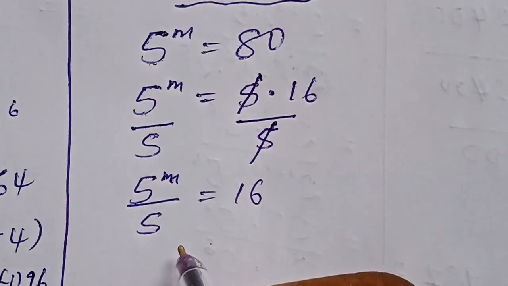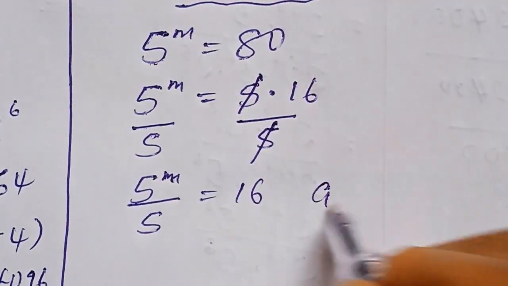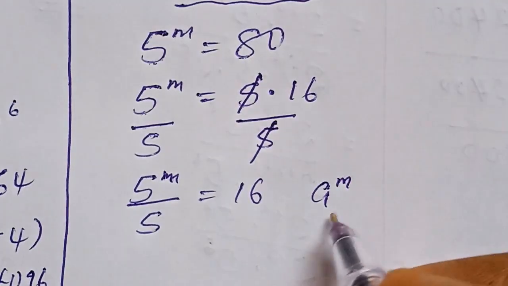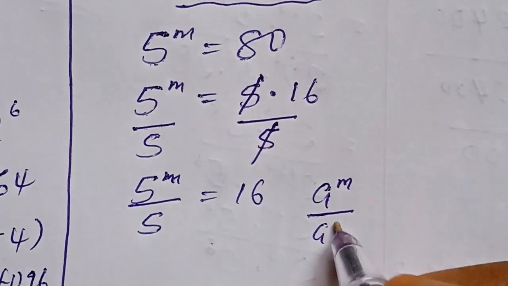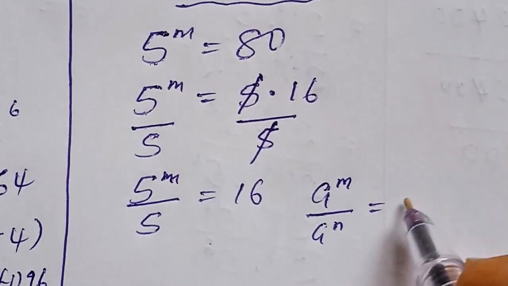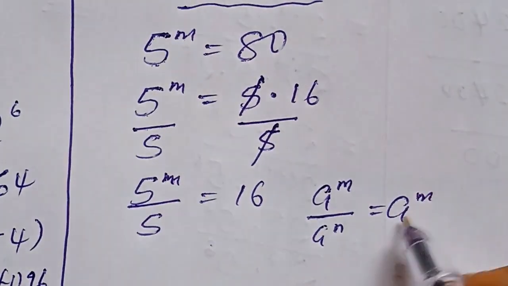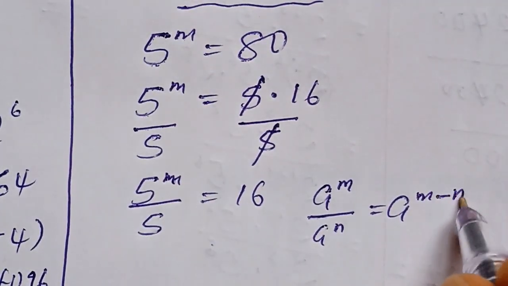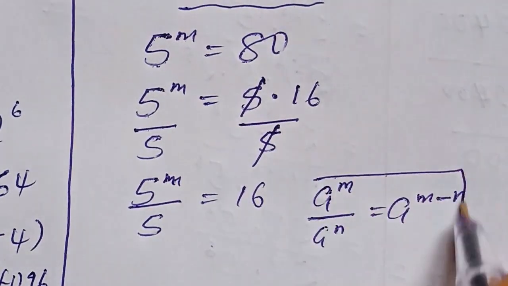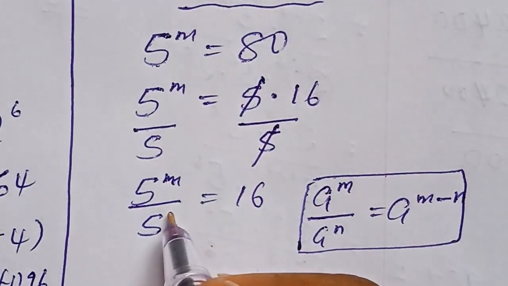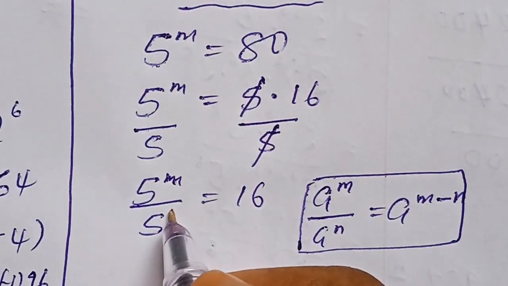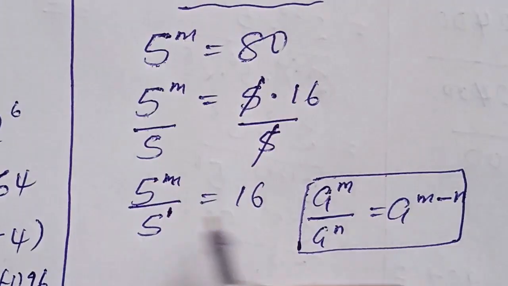According to the rule of exponents, if we have base a power m over base a power n, we can express it as base a power m minus n. Using this identity, this 5 at the denominator is with power 1.